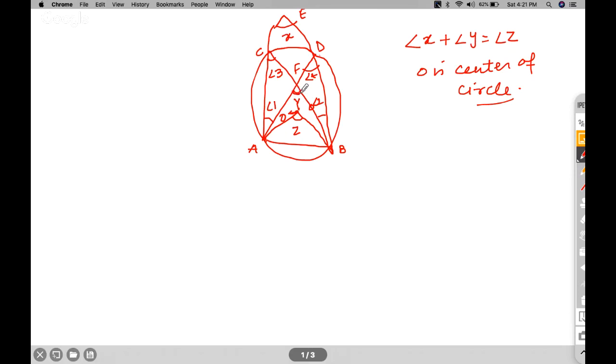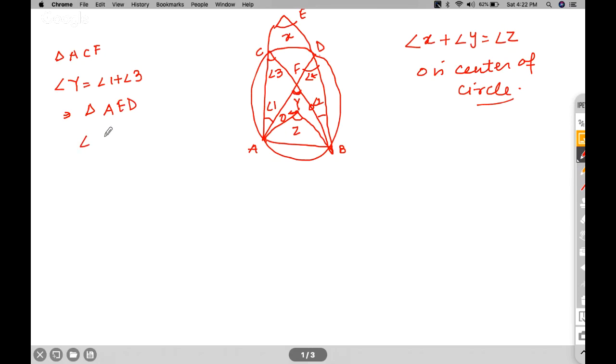Now look at this angle. This angle is exterior angle. If I take triangle ACF, so exterior angle Y is equal to angle 1 plus angle 3. And now let me take triangle AED.